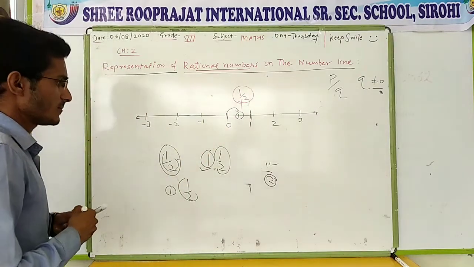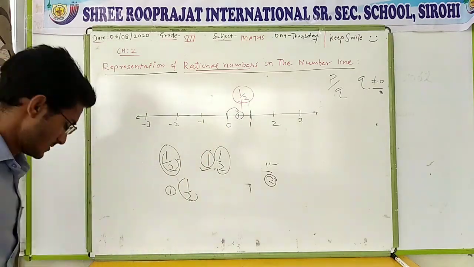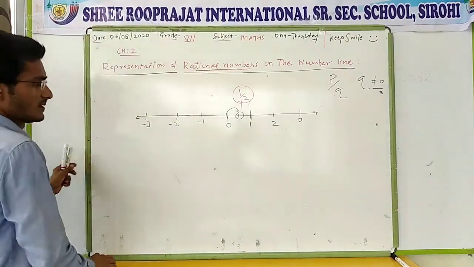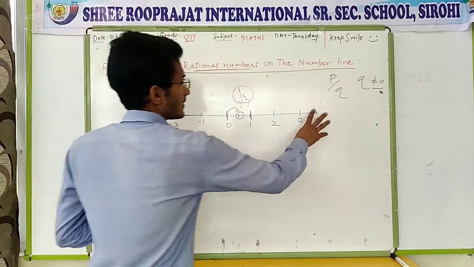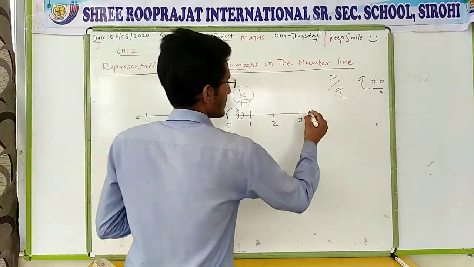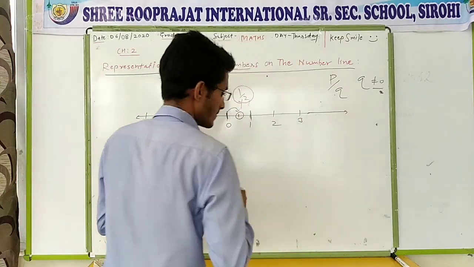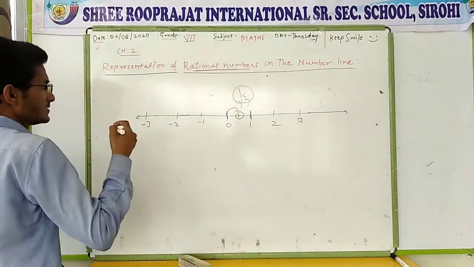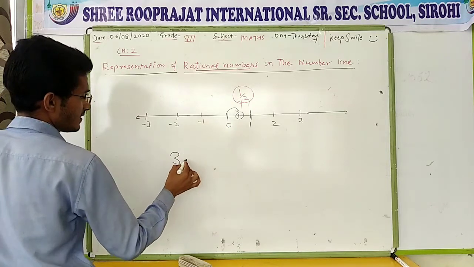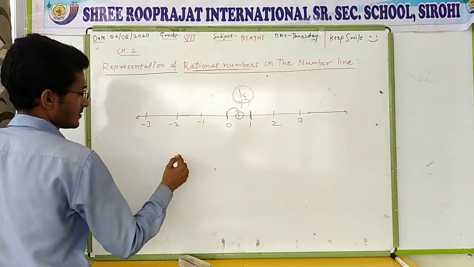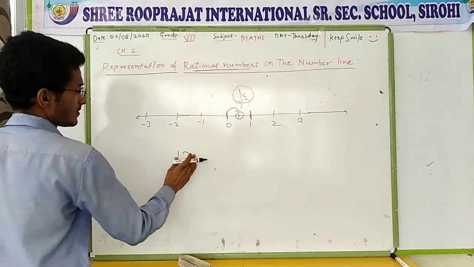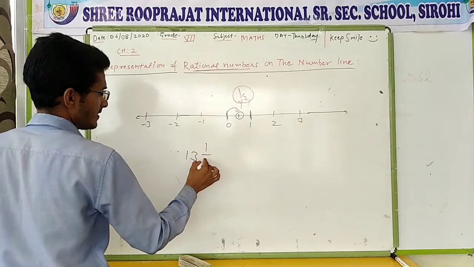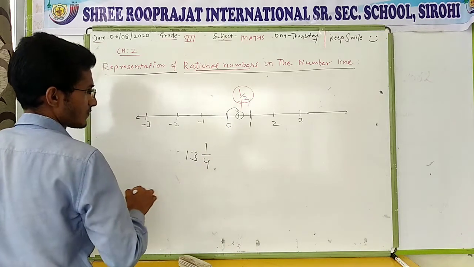Okay. Let's take one more number. Extend the line. Suppose we take 3 and 1 by 4.